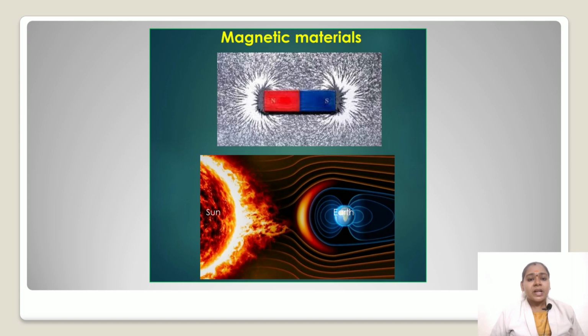Together, these images emphasize that magnetic materials generate fields that can influence their surroundings. So magnetism is not just a lab phenomenon. It plays a critical role on planetary and cosmic scales as well.